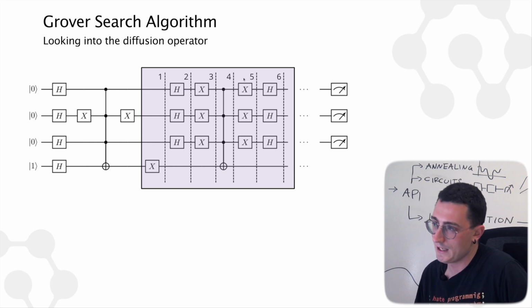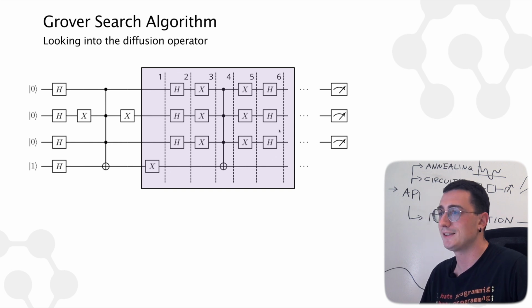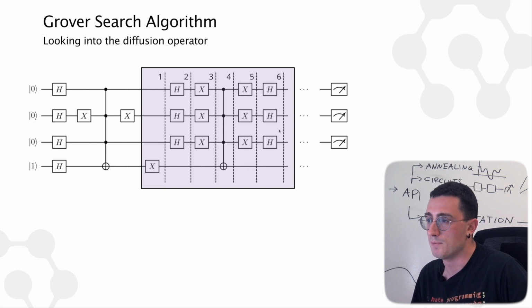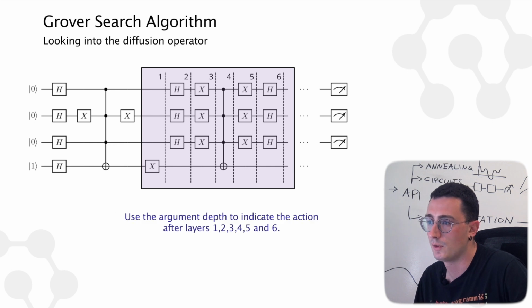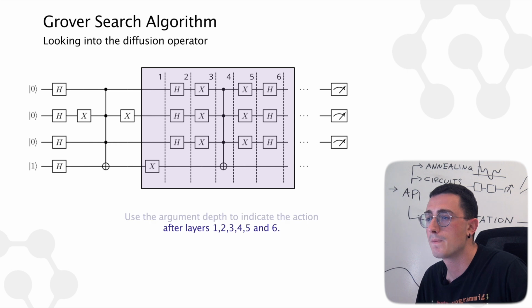We move again back to the 000, and then we reapply the Hadamard gates. But we can discuss it step by step in a clearer way. Again, the build diffusion operator function is modified so that you can set the depth. So you just set 1, 2, 3, 4, 5, 6, and you will have the circuit built until a specific barrier, as you can see in the diagram.